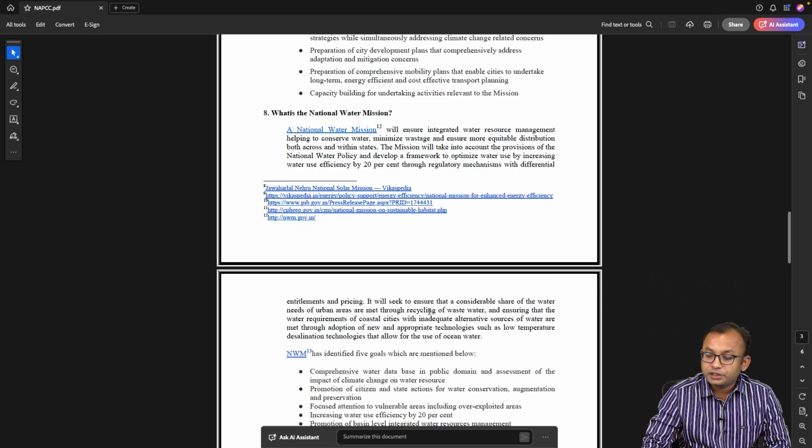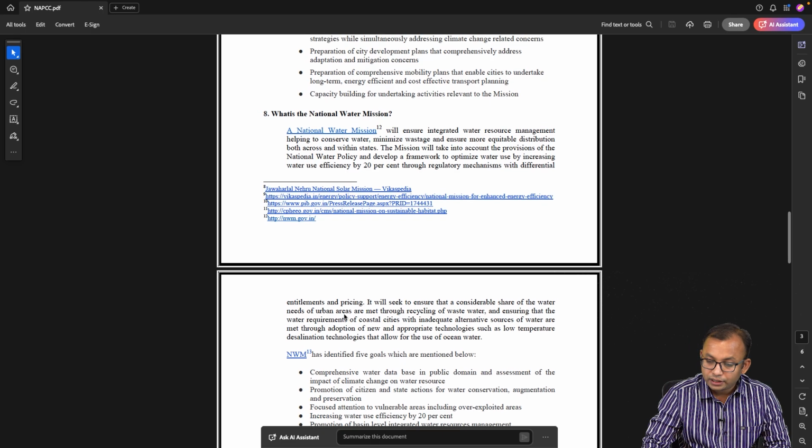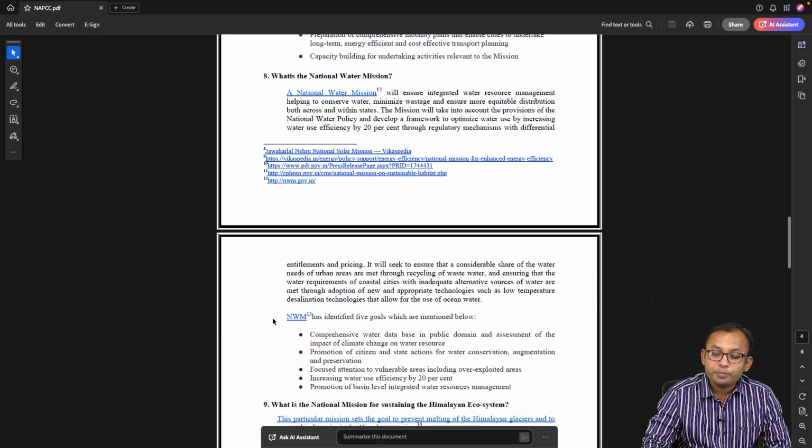It will seek to ensure that a considerable share of the water needs of urban areas are met through recycling of wastewater, and that the water requirements of coastal cities with inadequate alternative sources of water are met through adoption of new appropriate technologies, such as low temperature desalination technologies that allow the use of ocean water as well.